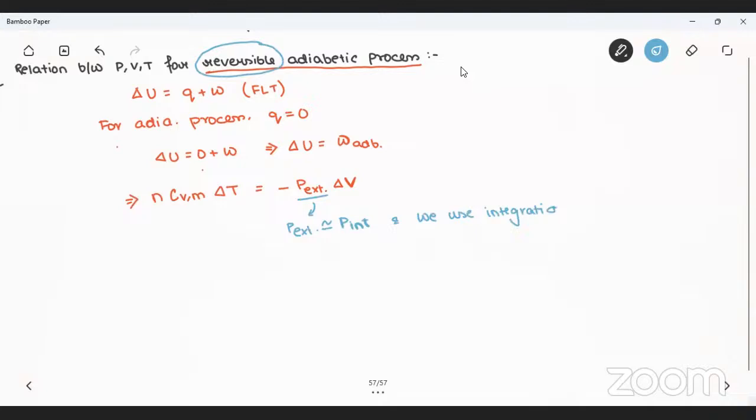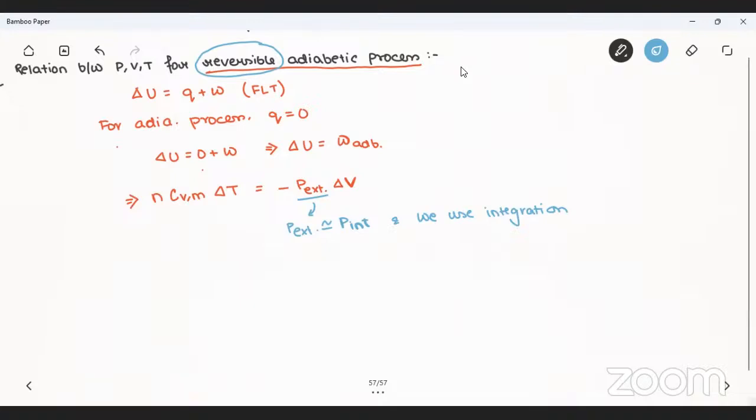Okay, so up to this, is this part clear? For the reversible process, P external becomes equal to P internal, and we use the integration sign.